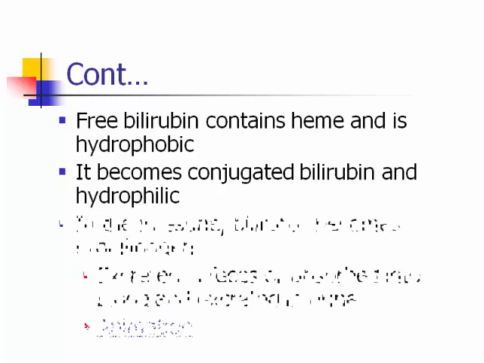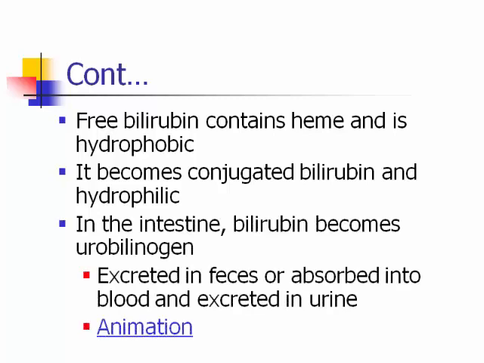Okay, this is important because in the intestines the bilirubin, which is hydrophilic, becomes urobilinogen, and now because it is hydrophilic, it likes the water and it can be excreted out of the body. If it's hydrophobic, it's going to want to stay. So to get rid of heme, by the way, is because you're getting rid of broken down red cells.